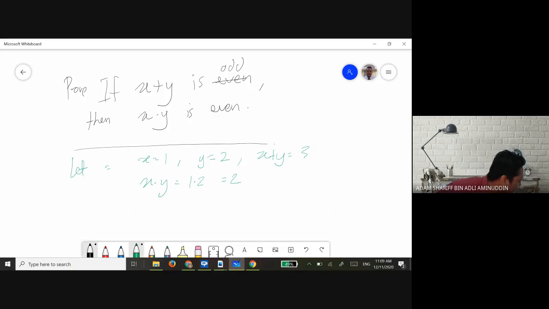Okay, ambil masa nak jawab ya. Saya tengah guna dua-dua kaedah sekarang.